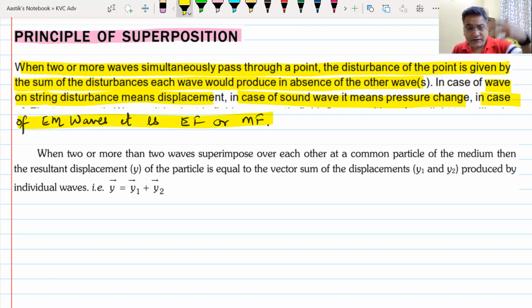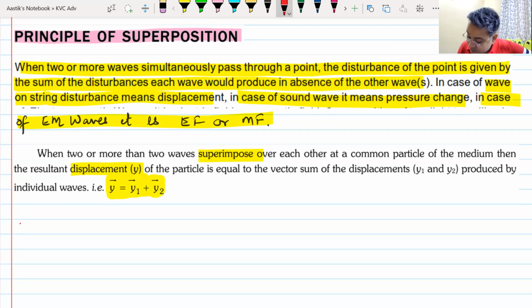In most of the cases here, we will be dealing with waves, not EM waves. Therefore, we will call it the resultant displacement. So, whether it is resultant displacement or resultant pressure or resultant electric field, the concept remains the same. When two or more waves are traveling and passing through one point, the total displacement of the particle is the vector sum.